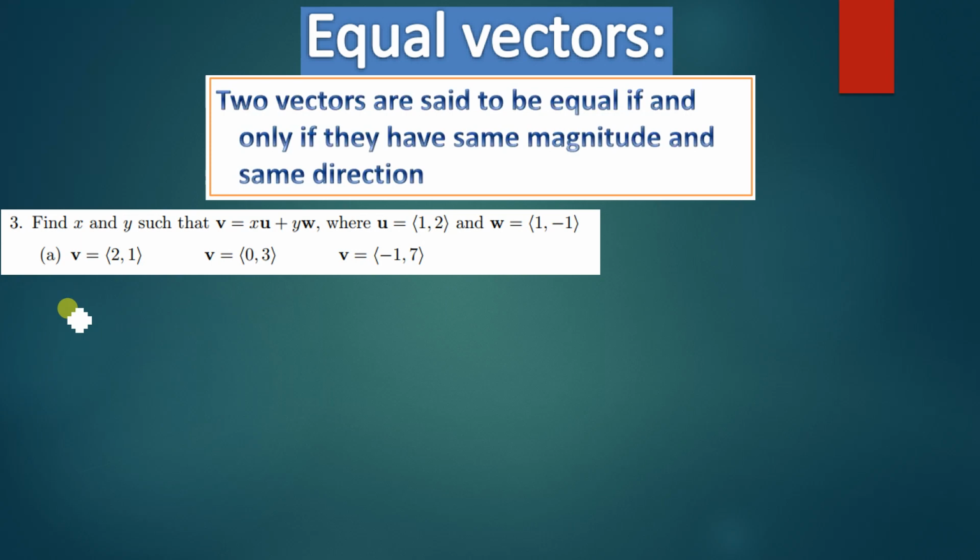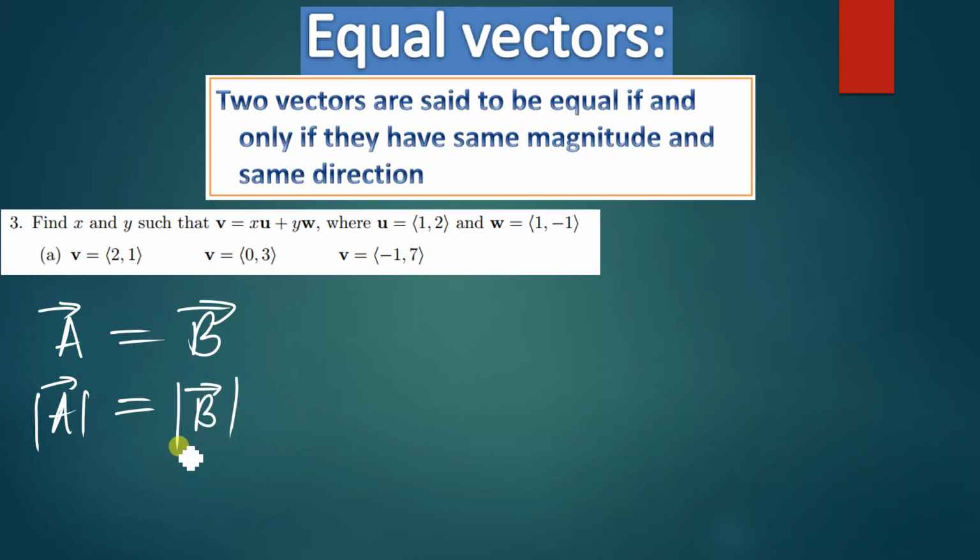So if vector A is equal to vector B, this means that the magnitude of A should be equal to the magnitude of B. And apart from that, the directions should always be the same.